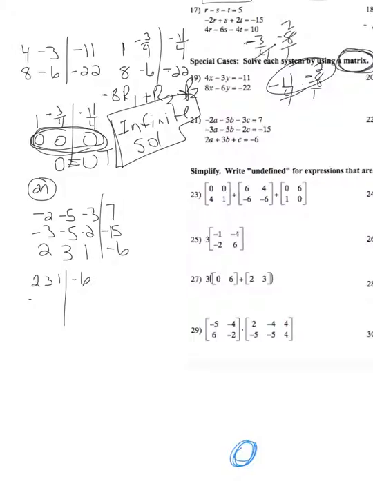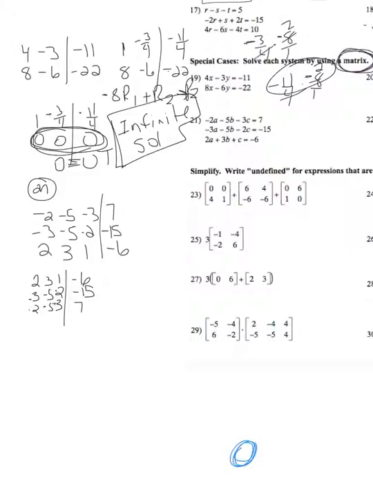Then I'll put the negative 3, negative 5, negative 2, and negative 15 here, and then the negative 2, negative 5, negative 3, and 7.